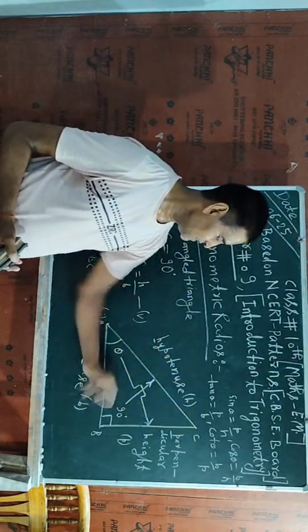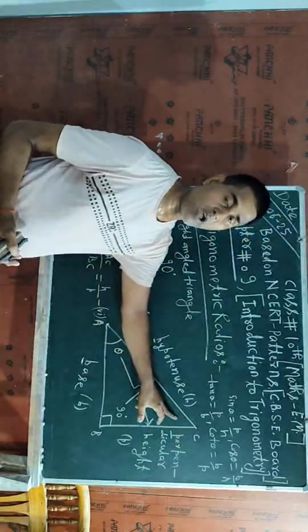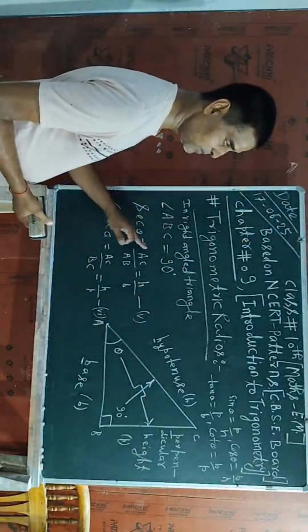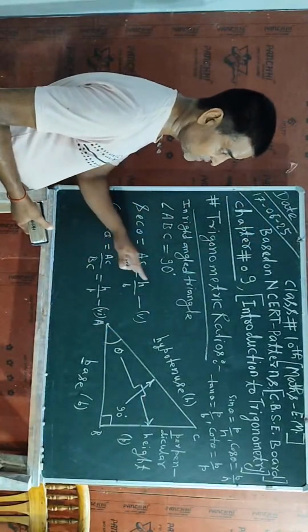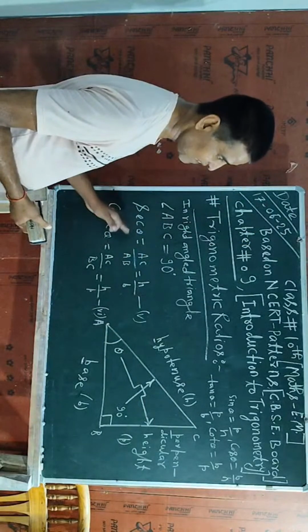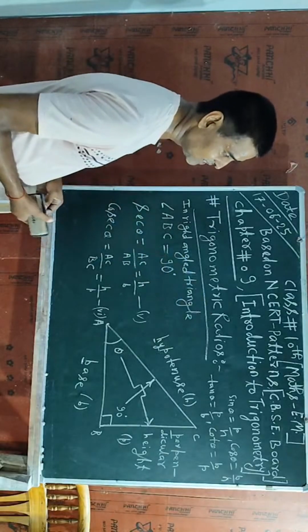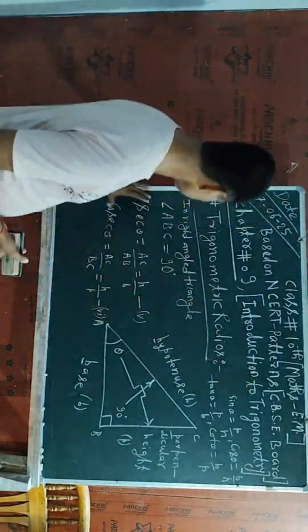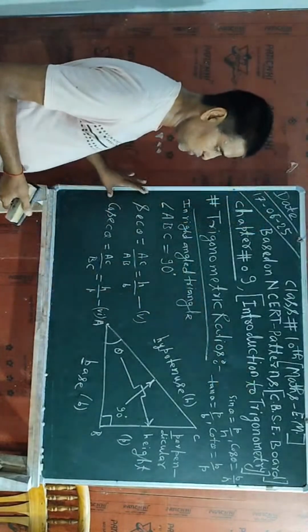One angle is 90 degrees and the other two angles are acute angles. There are only 6 trigonometrical ratios, and already I have written all of them. 4 trigonometrical ratios are there, and 2 are here.